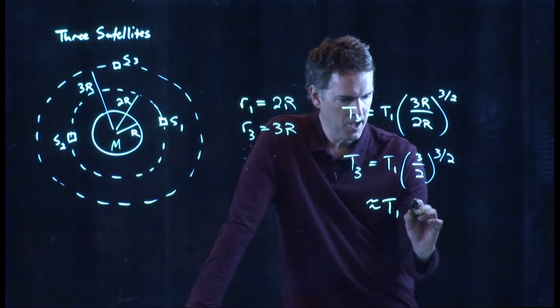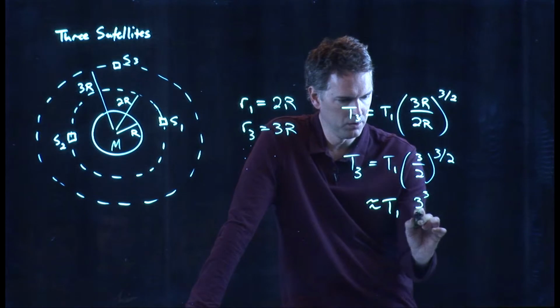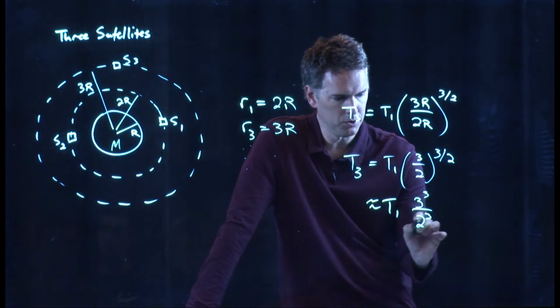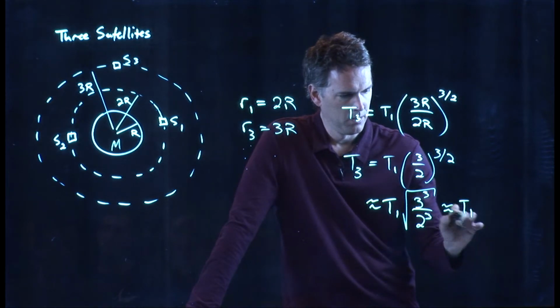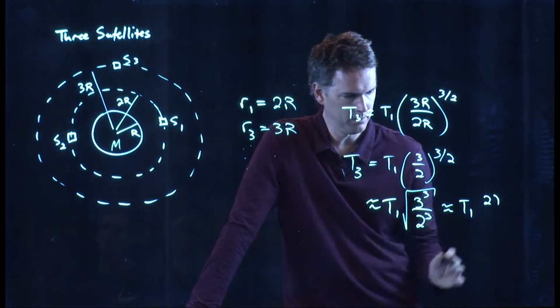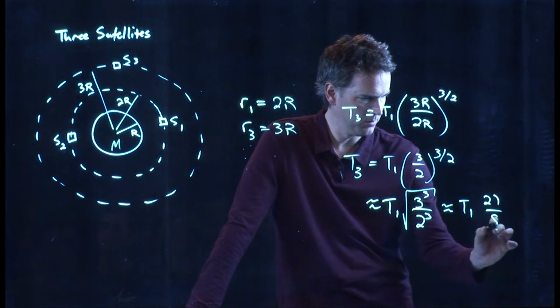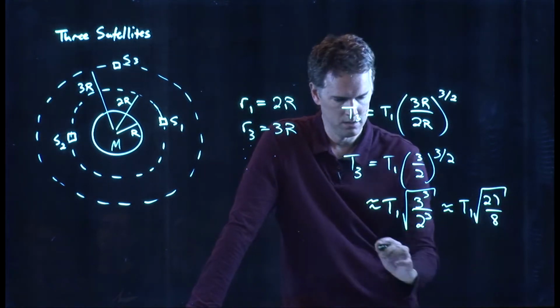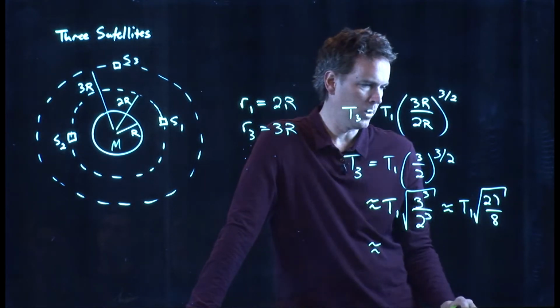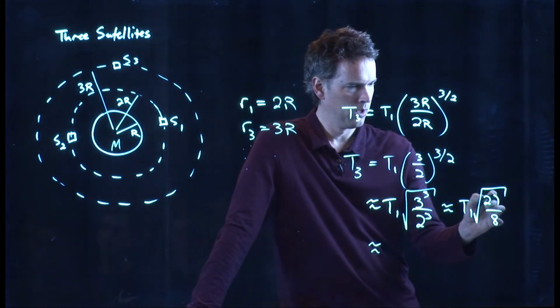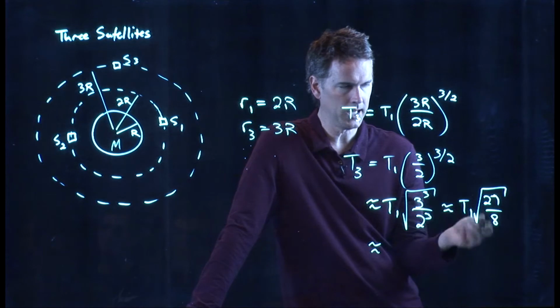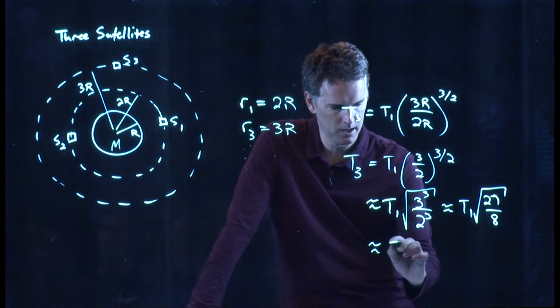This is the same as 3 cubed over 2 cubed square rooted. 3 cubed is 27. 2 cubed is 8. What is 27 over 8? Well, 8 goes into 24 3 times, and then I need another 3/8 on top of that.